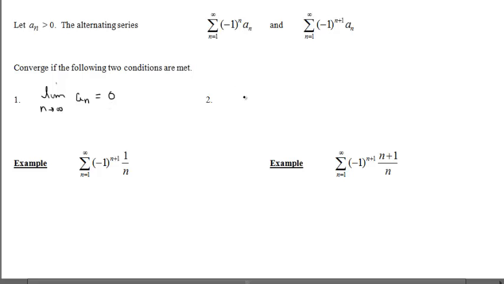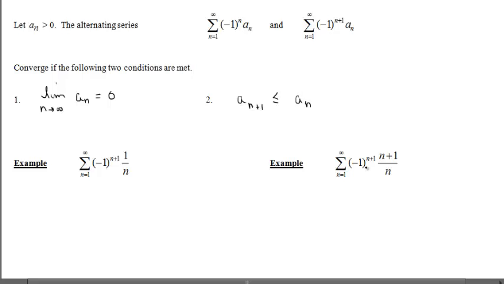And the second condition is that the term that comes after the preceding term has to be smaller than the one that comes before it. I think that makes sense: if we want our series to converge, a later term should be smaller than the previous one. And the notation that supports that is this.